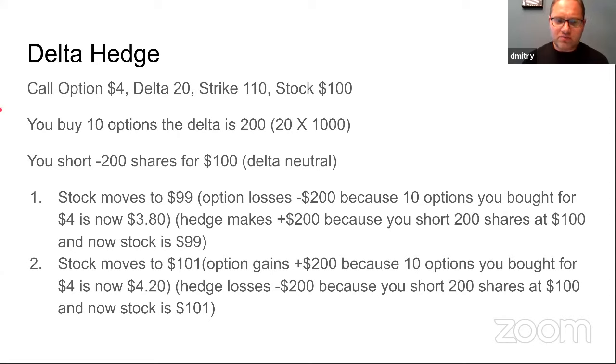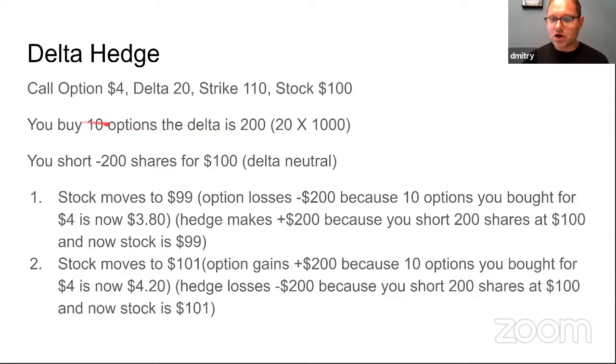So if the call option is $4, my delta is 20. Let's say the strike is 110 and the stock is 100. If I buy 10 of these options for $4, 4,000 bucks, what is my delta? My delta is 200, because I have 20 delta times 10 options.